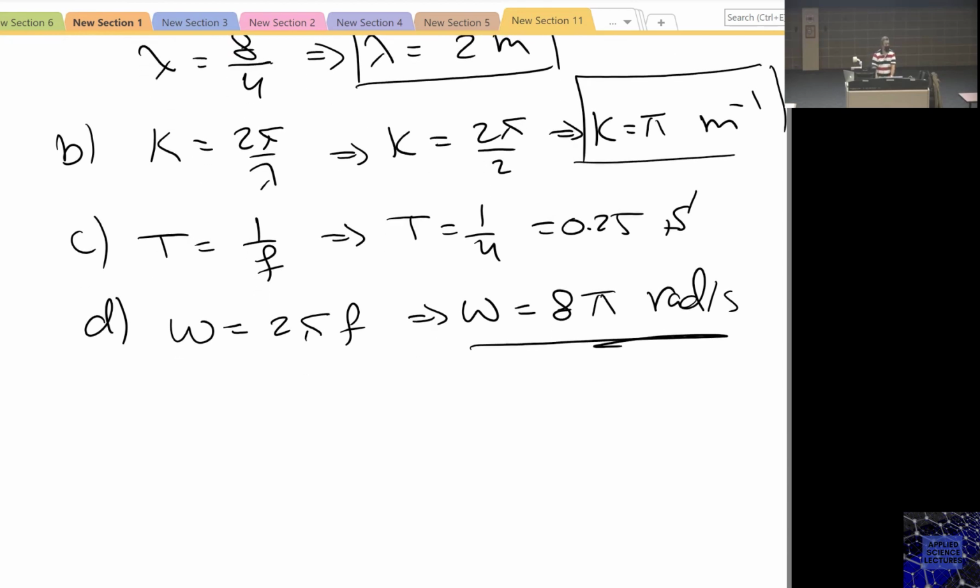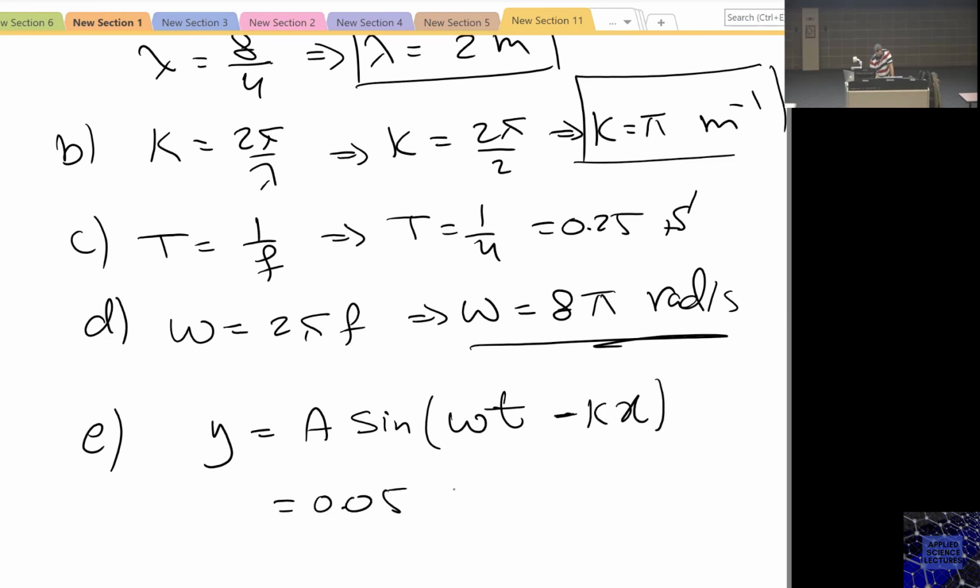Then we need to put all those quantities in the wave function, such that the y represents the displacement and the positive x represents the direction of propagation. So in this case, we have y equals A sine of omega t minus kx.